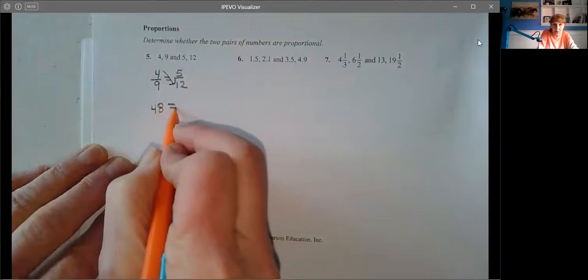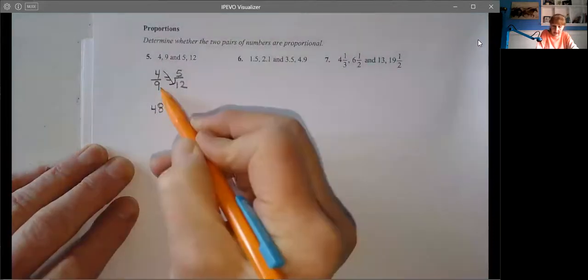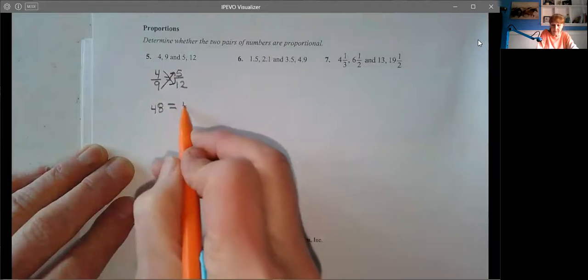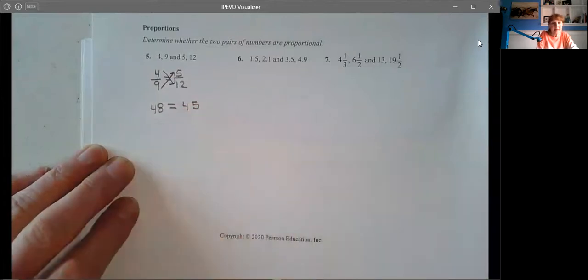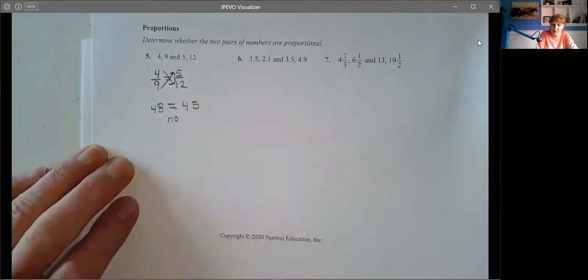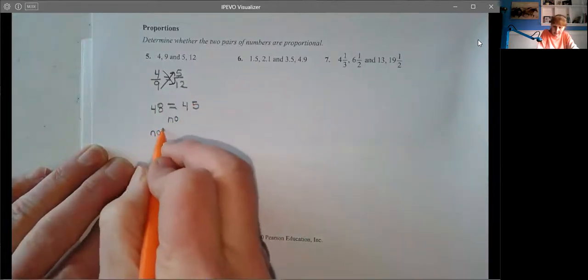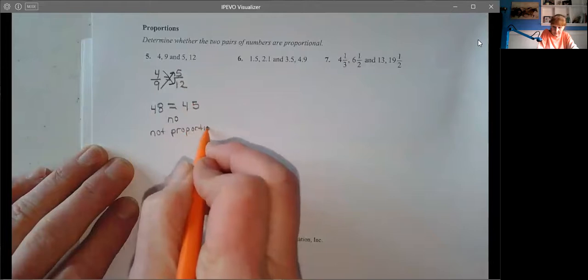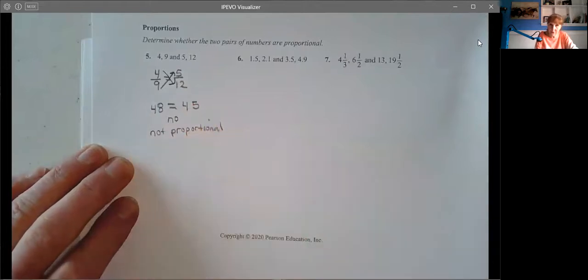Does that equal 9 times 5? It's called a cross product. Is that true? No. These are not proportional. They do not form a proportion.